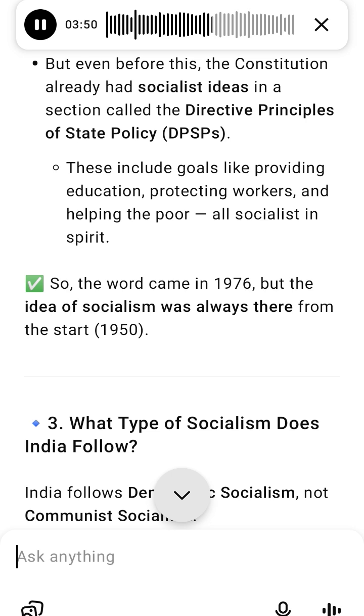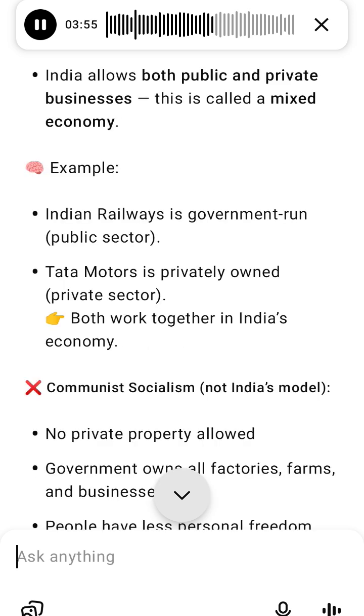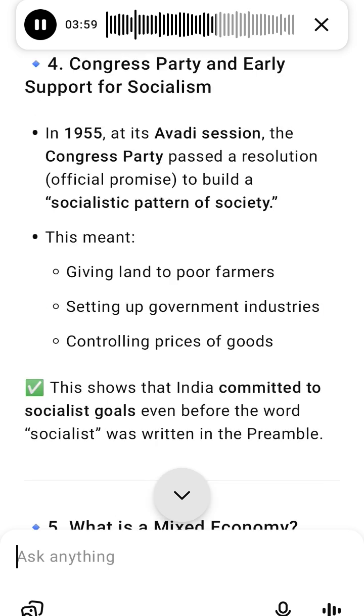These changes helped India grow economically, but also reduced government control, increased private business, and made India a bit less socialist. Example: earlier, Air India was government-owned. Now it's privatized. India is still socialist in spirit, but now follows a balanced path, not fully socialist, not fully capitalist.